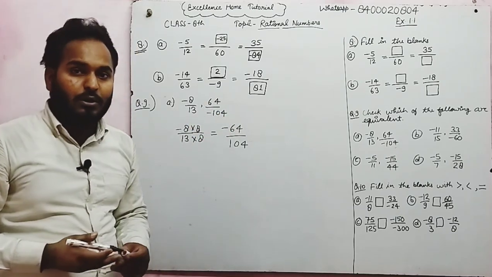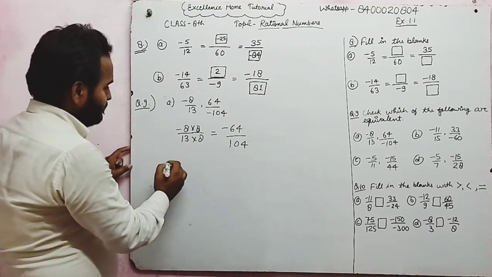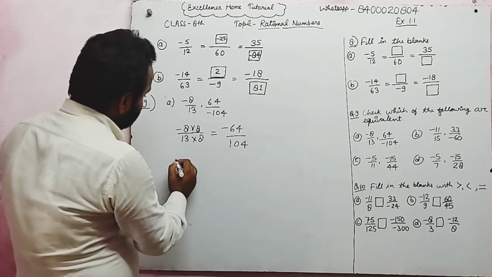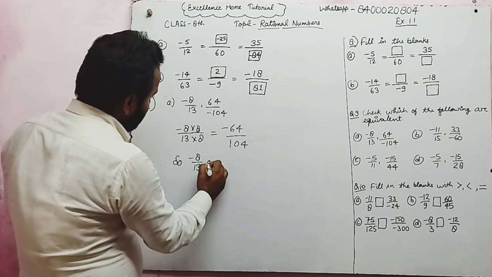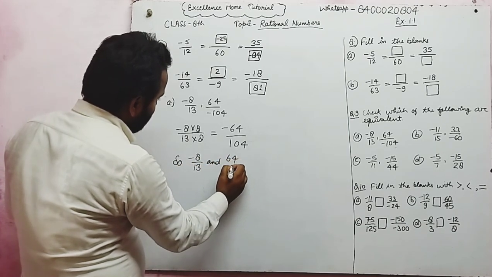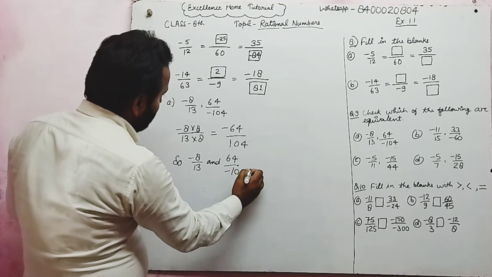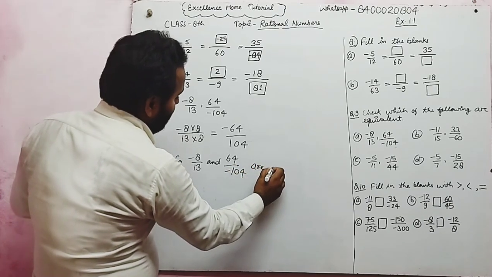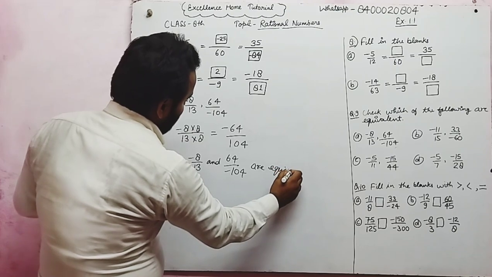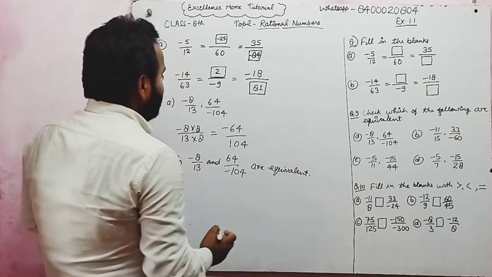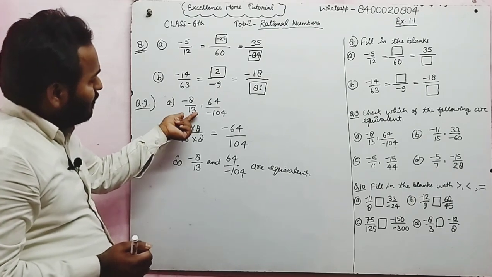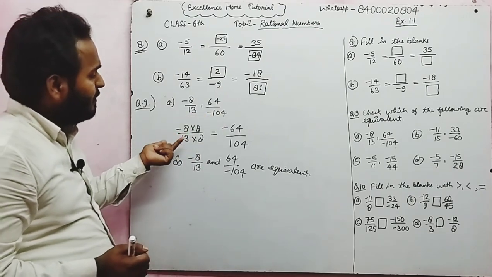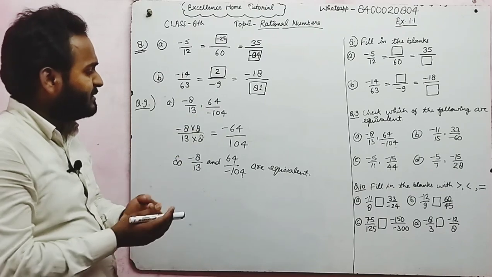So both values are equal. So minus 8 by 13 and 64 by minus 104 are equivalent. This is the first method, by making the denominators equal.